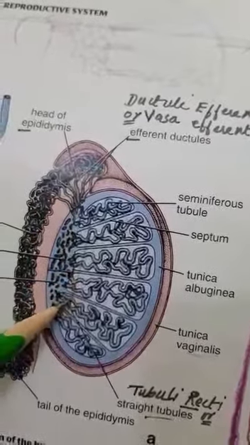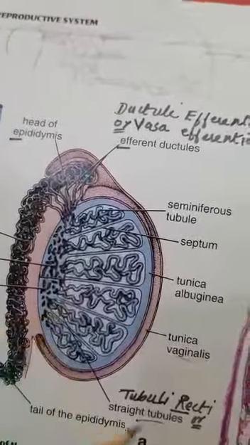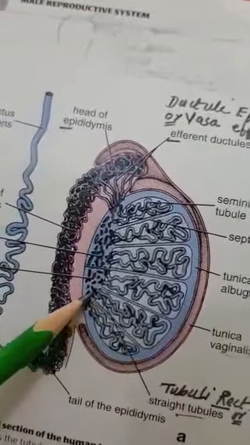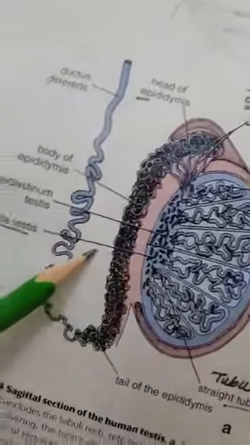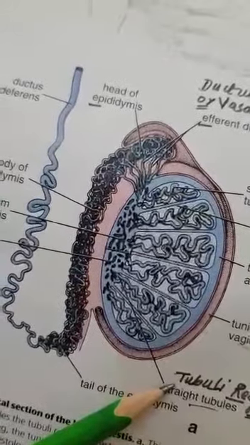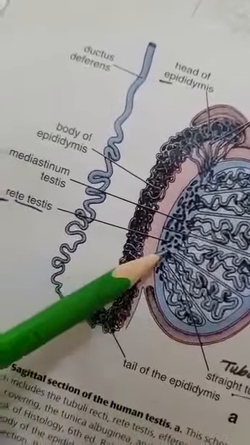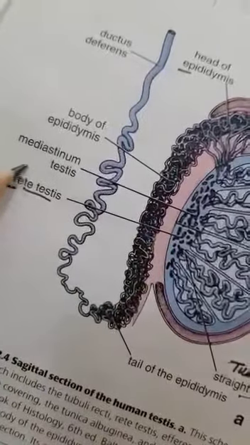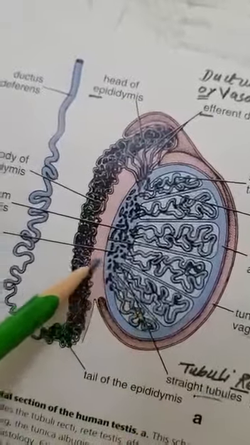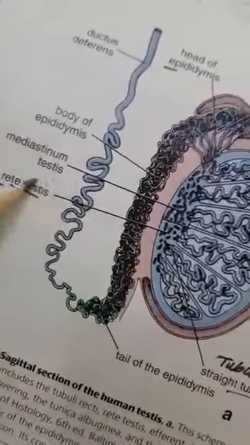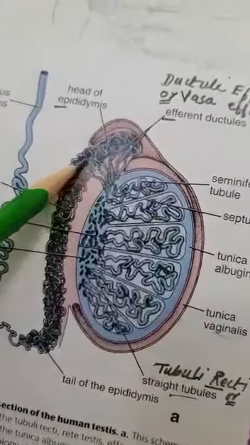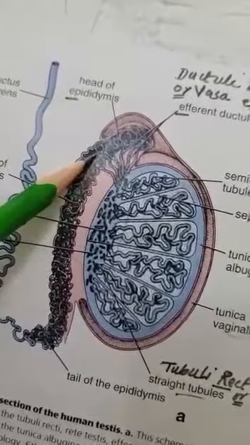And the tubuli recti, also called vasa recta, enter into the rete testis. The letter R is repeated just to cram that the tubuli recti enter into the rete testis, and they exit as efferent ductules into the duct of the epididymis.